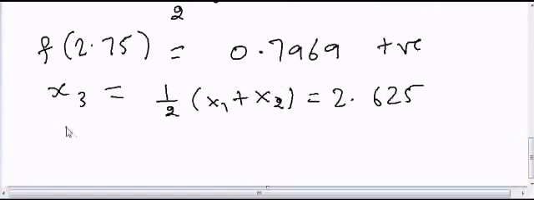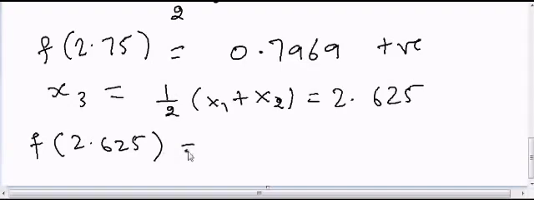Now again f of 2.625 will be equal to negative 1.4121, which is a negative number.